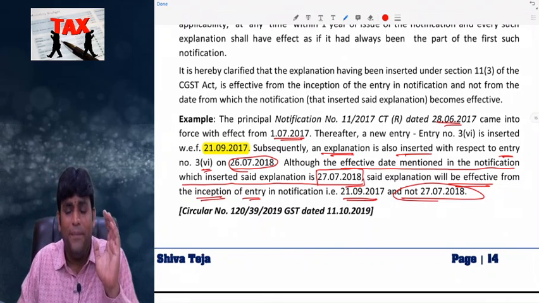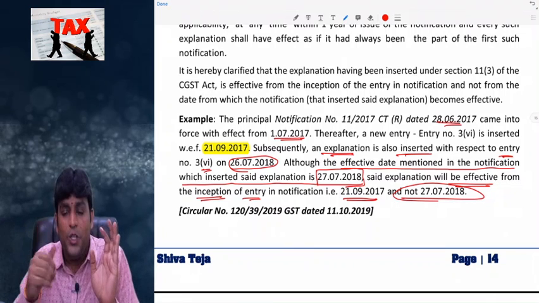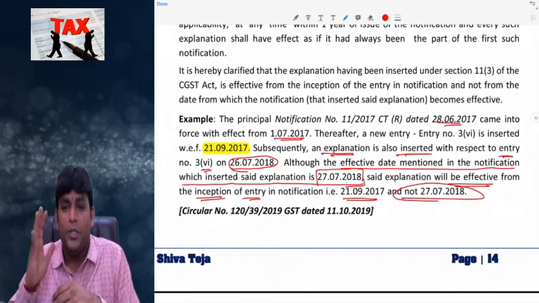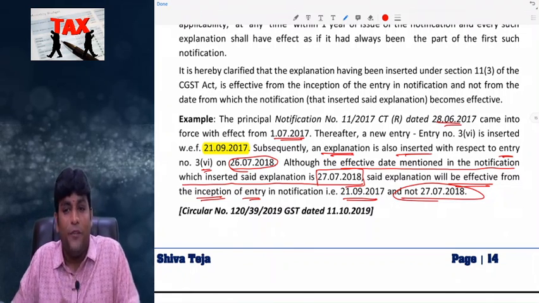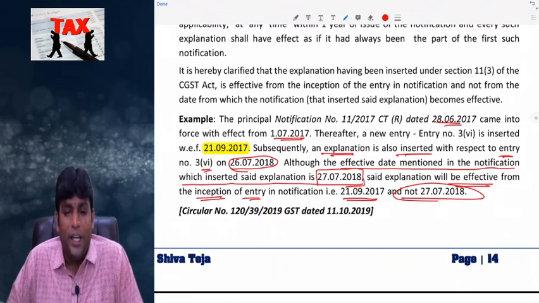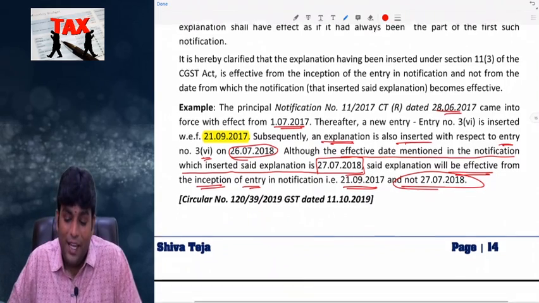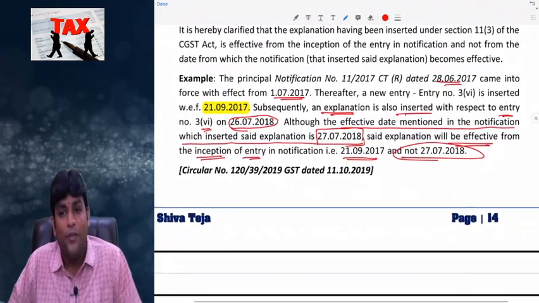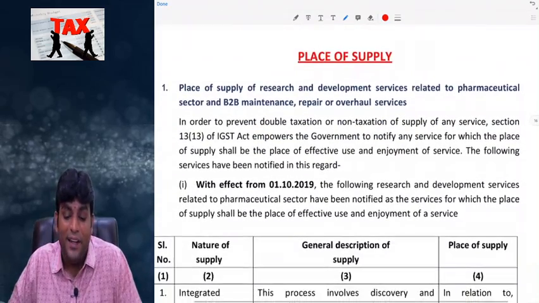So I repeat one more time, although the effective date is 27th July, that will be deemed to be effective from 21st September 2017.